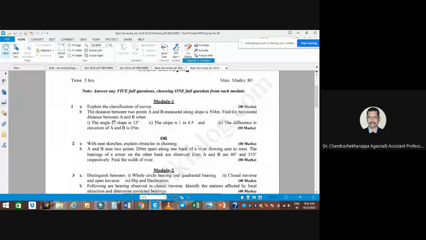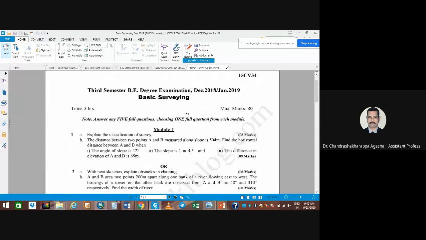This is how the questions arise in the 15 scheme. Explain the classification of surveying. That is the first one, and it's very simple. What are the different classifications in surveying? You need to explain all these step by step, and the different types of surveying, for 8 marks.